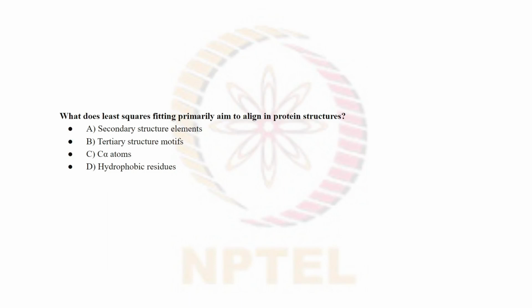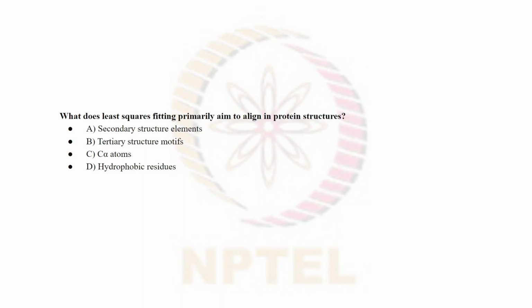So I have a question here. What does least square fitting primarily aim to align in protein structures? Whether it tries to align secondary structure elements, tertiary structure motifs, C alpha atoms, or hydrophobic residues.